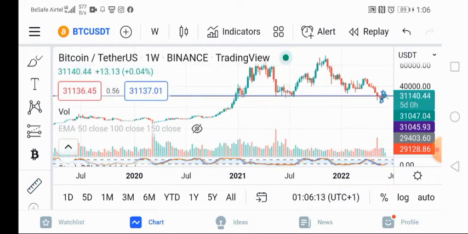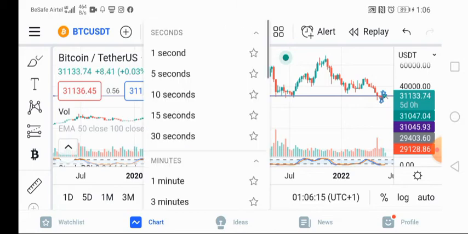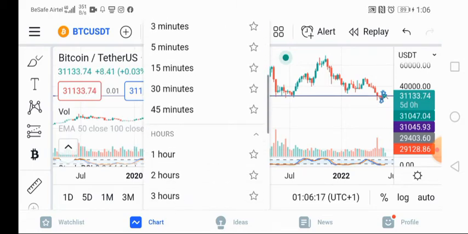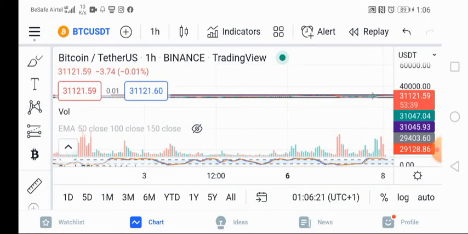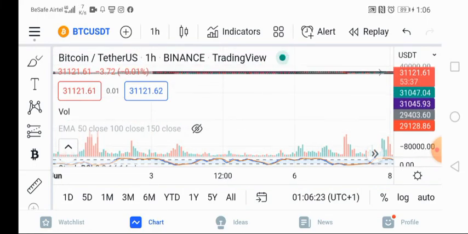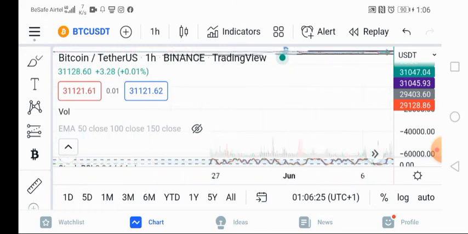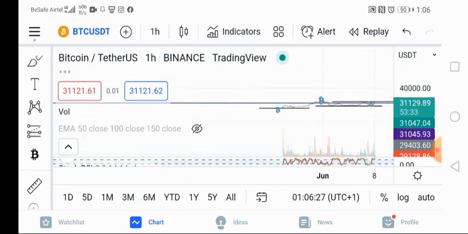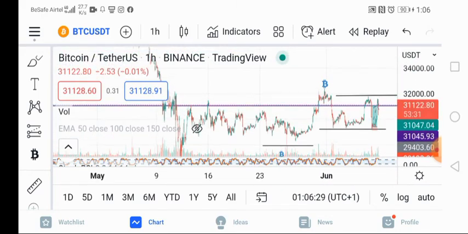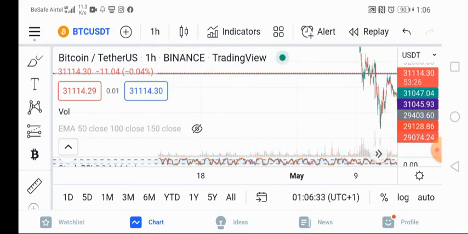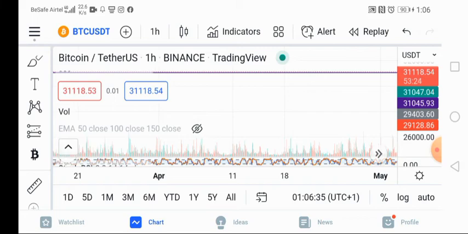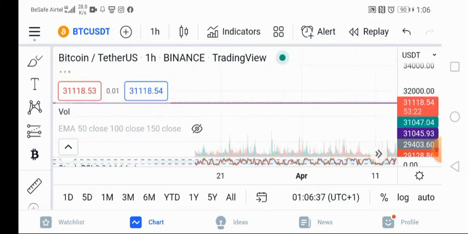So what I would now do is go to a lower time frame, maybe daily for example. Yes, if I go to a lower time frame, as I've done here, maybe daily for example, this is the daily time frame of Bitcoin USDT.